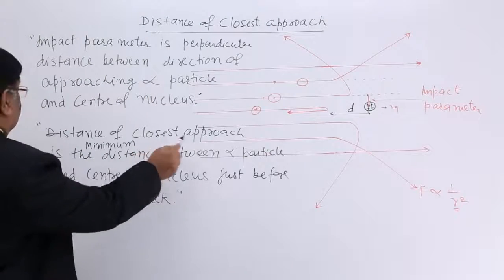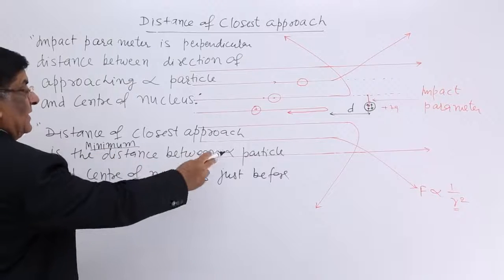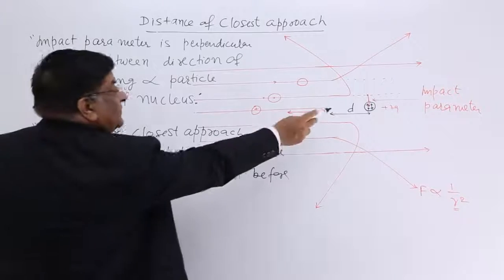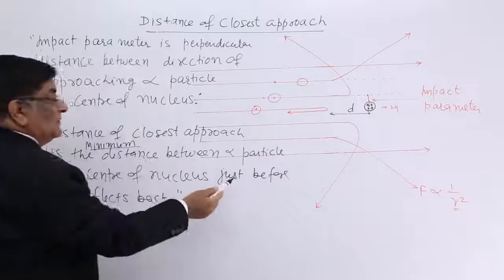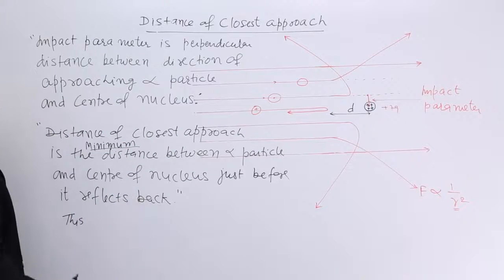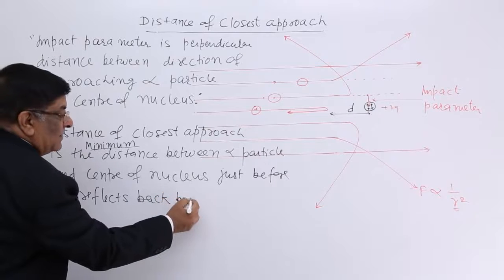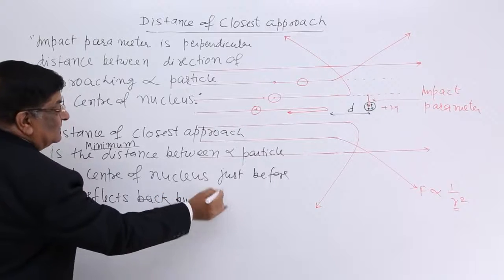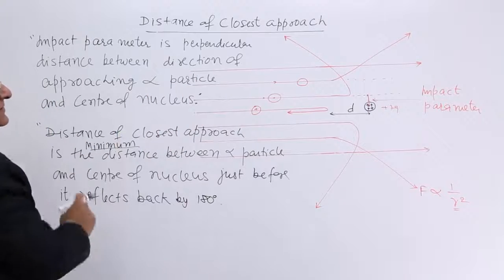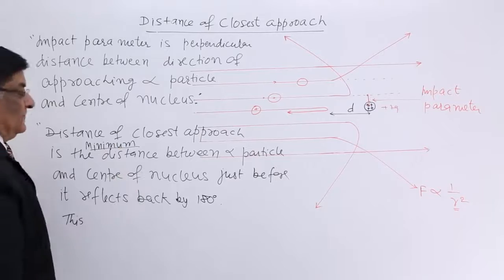The distance of closest approach is the minimum distance between the alpha particle and the center of the nucleus just before it reflects back by 180 degrees, that is, retraces its path. This is the distance of closest approach.